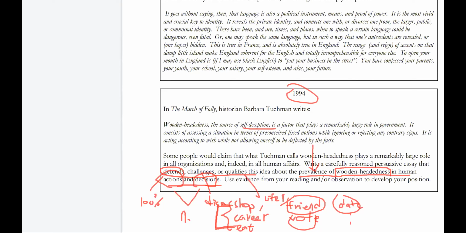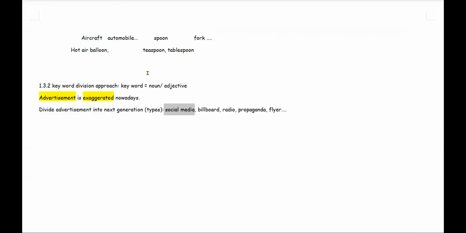But this hypernym cannot be too general. You cannot say that wooden-headedness is bad. That's too general. That's opinion. That is not an argument. For an argument, you must have a concrete idea, but it's not too general and not too detailed. So go back to this hypernym concept.